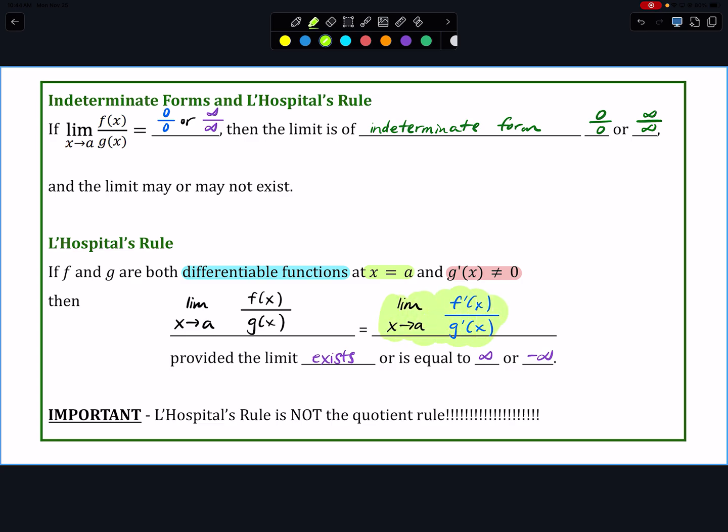What do you do to the top? What do you do to the bottom? Take the derivative. That's what that says. Okay, so this is very important that you understand this. This is division, correct? And we're doing derivatives. This is not the same as the quotient rule. You're not doing low D high minus high D low here. You're doing the top, do the bottom, and see what happens, okay?